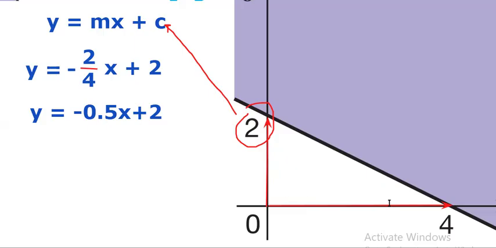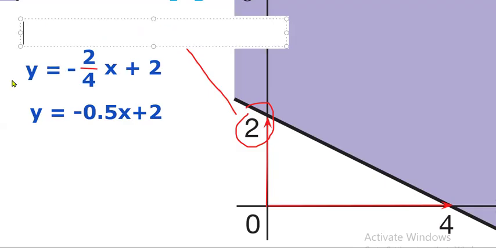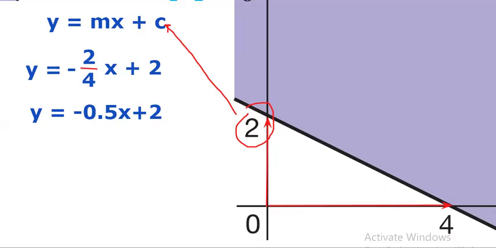The run is 4. And the line is going down. How do we know it's going down? We start from the 0 point and we go to the right side like this, and we focus on what's happening to the line. The line is going down every time we go to the right side. This means the gradient is negative.